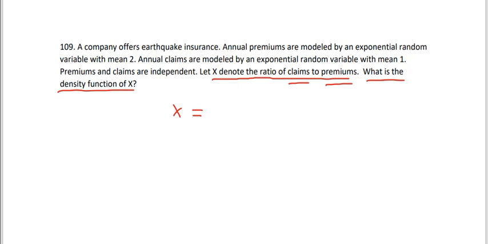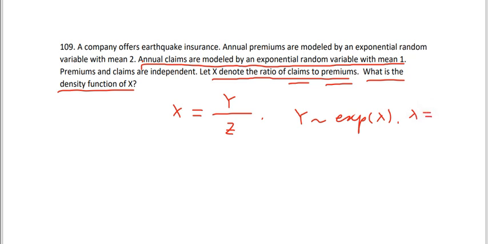Let's say cream is an exponential random variable with mean 1. So maybe we denote this as y. Cream is y, and x is y over z. So y follows this, and lambda equals 1, right?